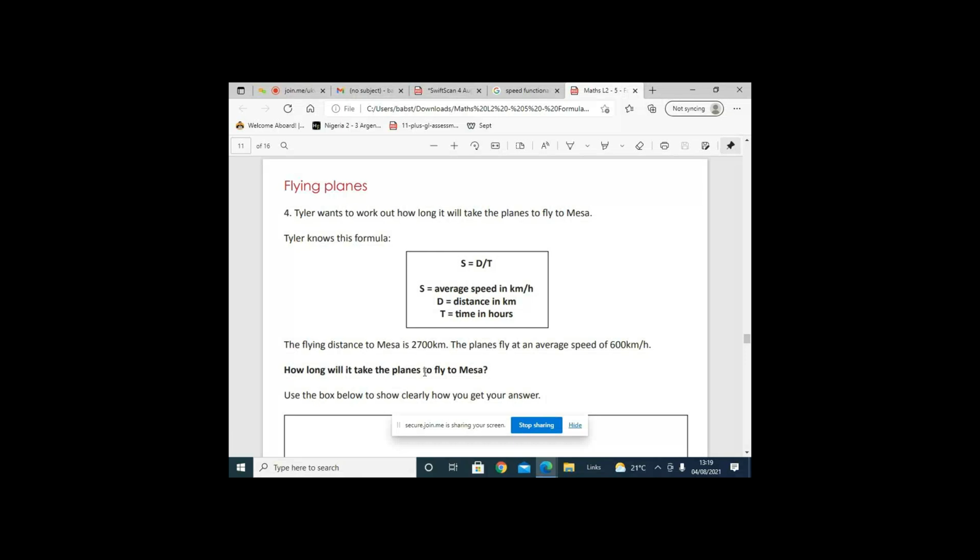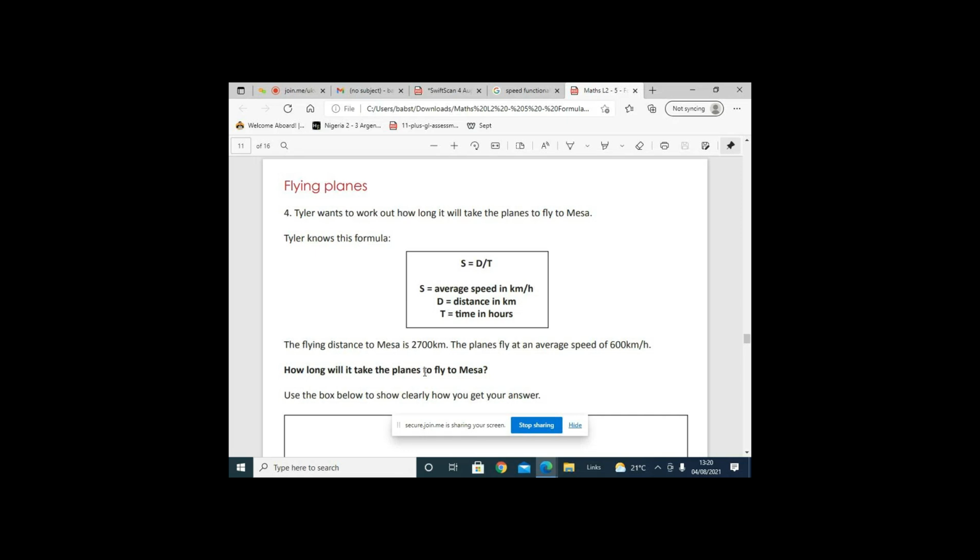Don't forget the formula I told you about. They want you to find the time, not speed. Distance, so that is 2,700 divided by 600, which is 4.5 hours. Yeah, you just divide it straight away.